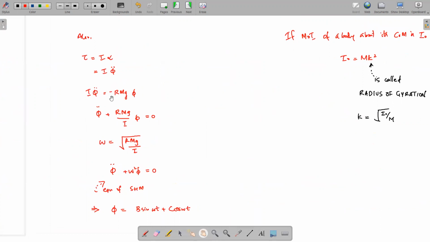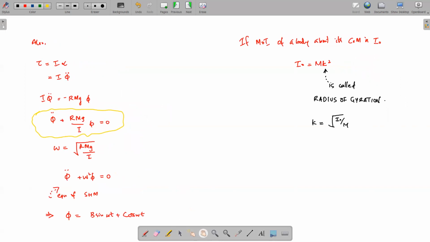So putting back in the equation, we will obtain the equation of simple harmonic motion like this here, where the value of omega is root of R mg by I. And here also the solution to this equation is phi equal to d sine omega t plus c cos omega t.